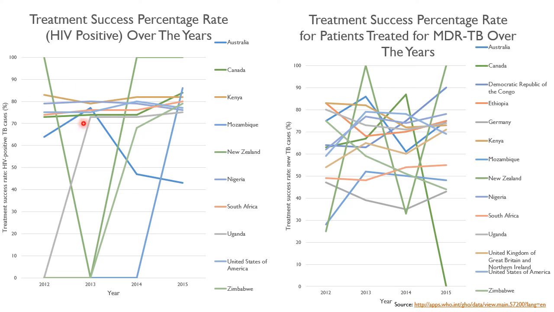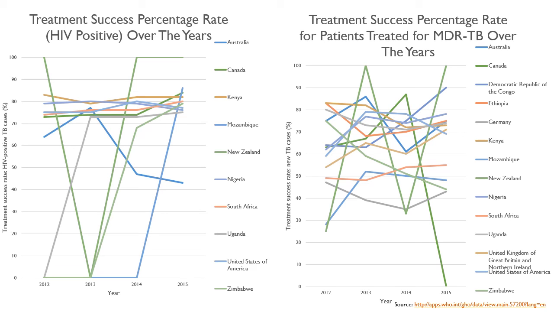But for the countries that we do have data, we can see that HIV is a factor which causes the treatment to be a little bit less effective. On average, this is between 70 and 85%, so people are a little less likely to get better with treatment, but usually it's still effective.